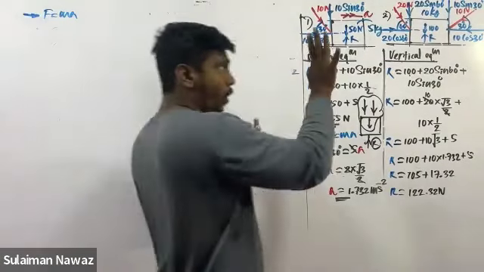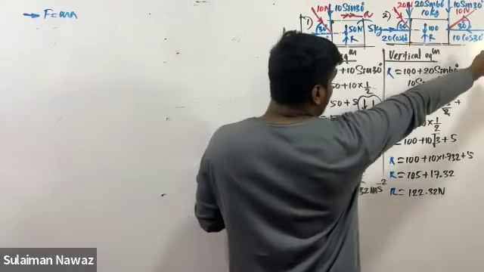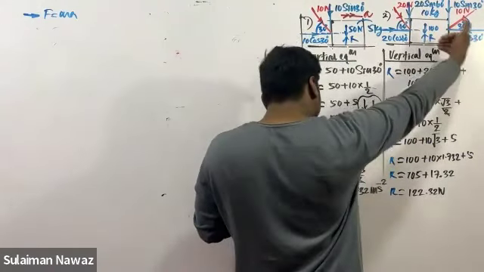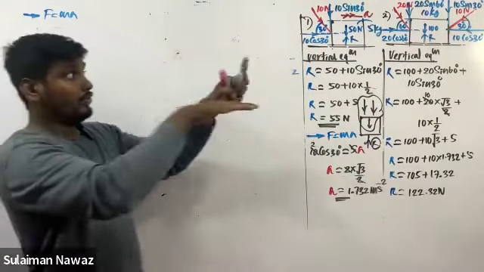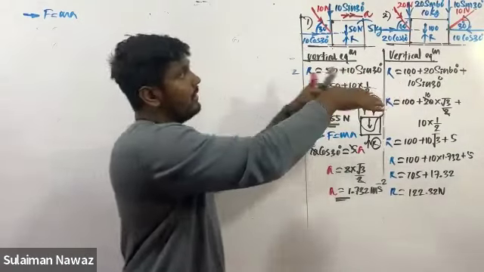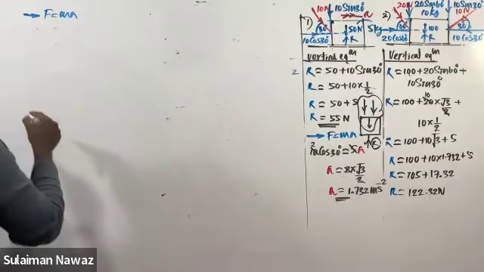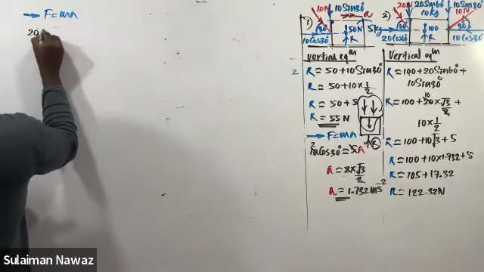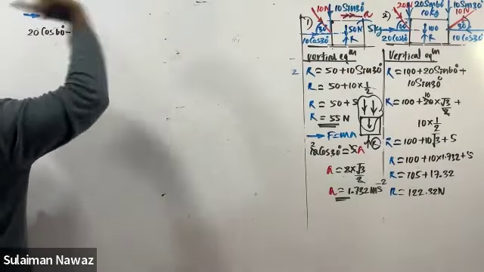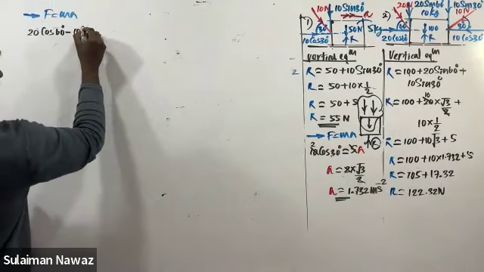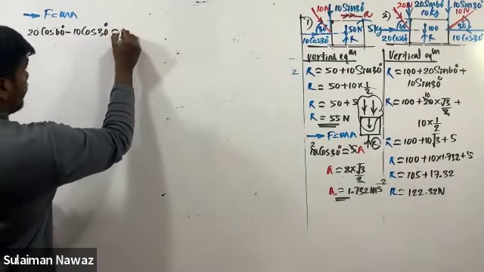Resultant force. How many horizontal forces are acting on the object? There are two: 20 cos 60 in the right side direction, 10 cos 30 in the left side direction. I consider right side as positive. Then 20 cos 60 is positive, 10 cos 30 negative. So 20 cos 60 minus 10 cos 30 must be equal to mass, 10 kilograms, times acceleration.